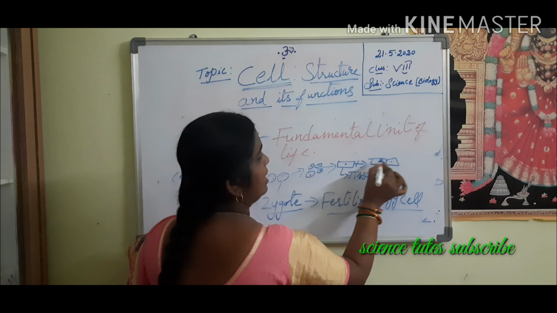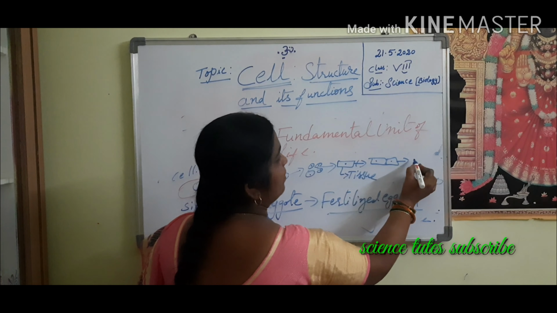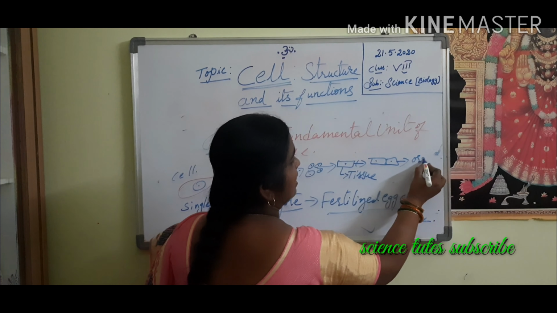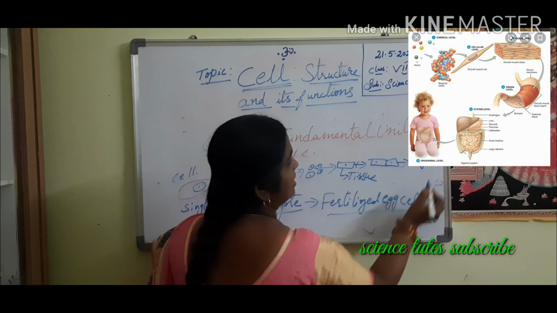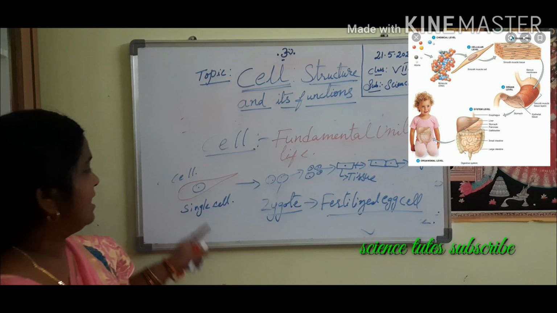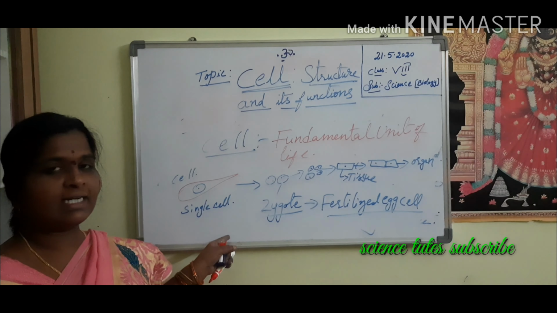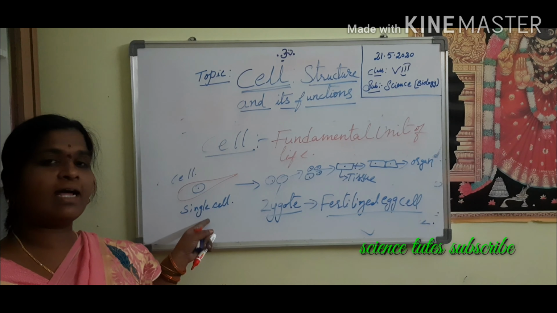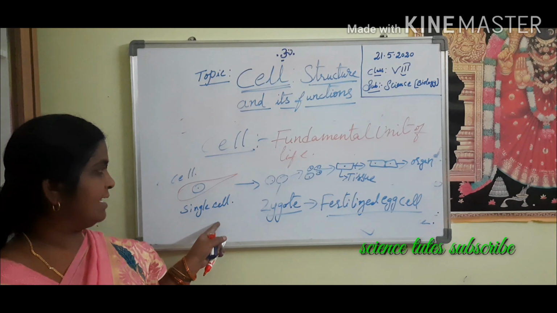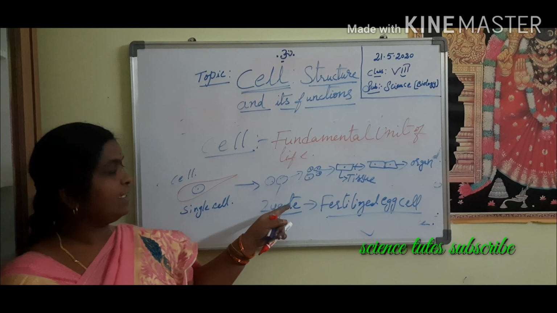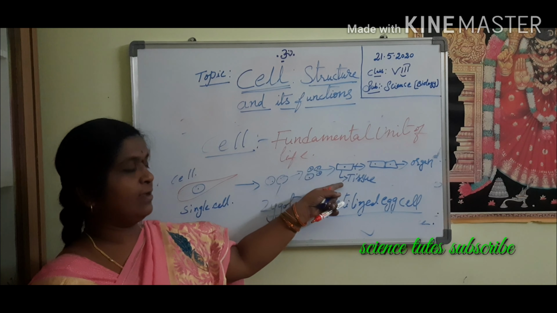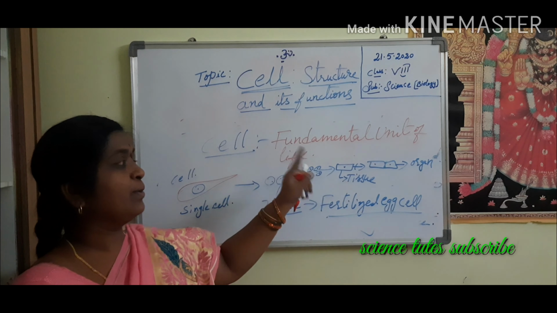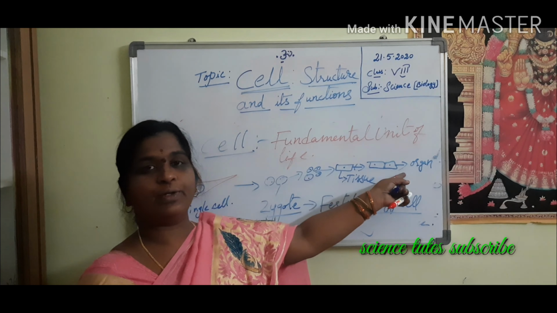A group of tissues together form an organ. Any living organism starts its life with a single cell, then multiplies in number to form a tissue, and a group of tissues forms an organ.